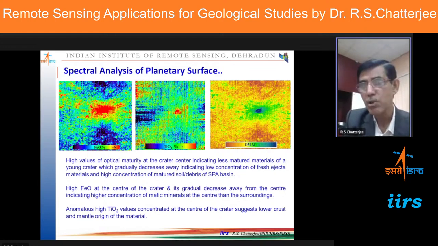If the maturity is very low, that means it is a new crater due to a new impact. Whereas if the optical maturity index is high, that means it is old material, so the impact took place long back. So all kinds of information you can have.